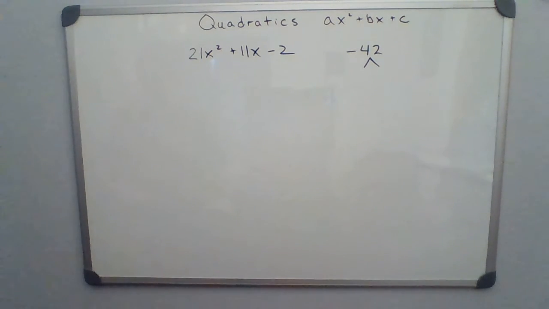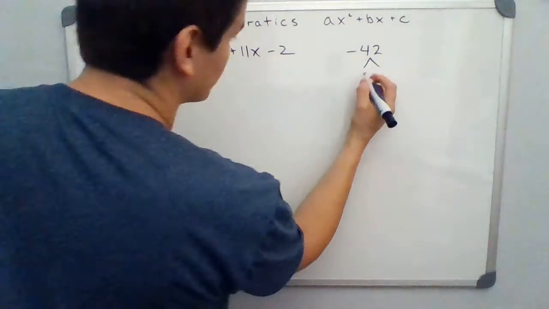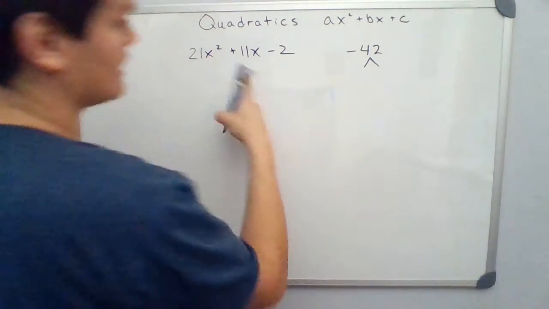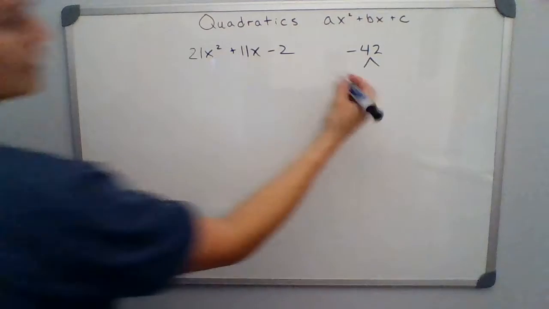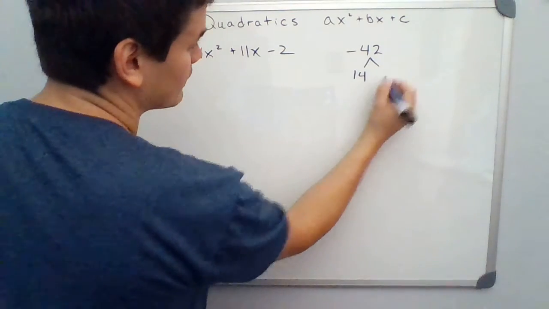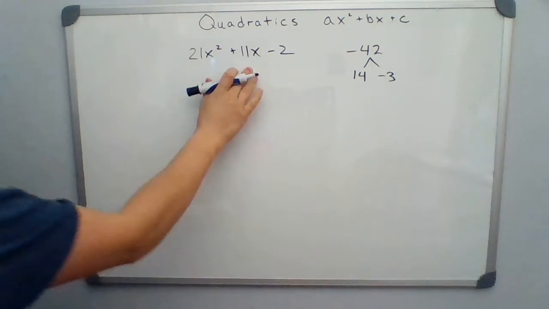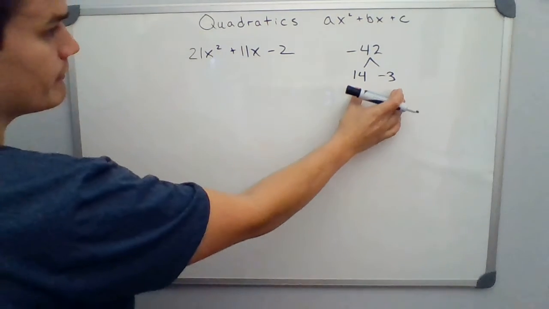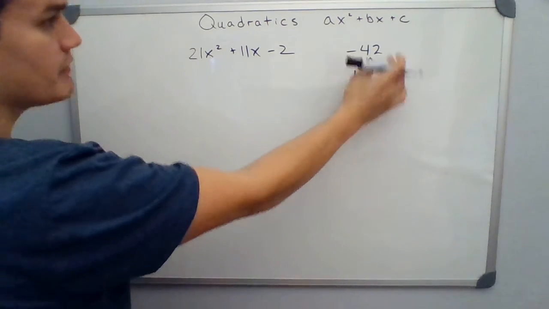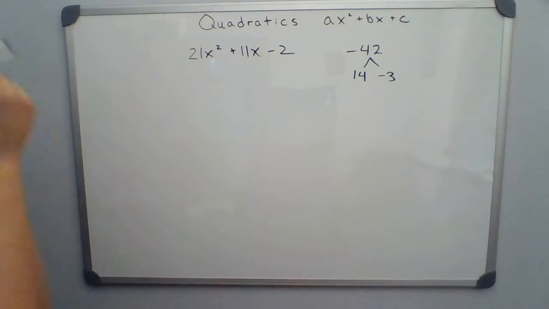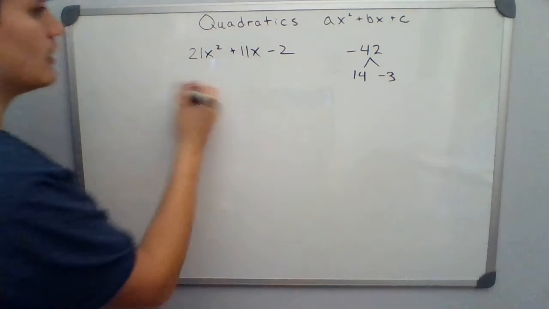So those two numbers are going to be 14 and 3, and one of them has to be negative. And I know I want a positive 11, so I know the 14 is going to have to be positive. So the difference between 14 and 3 is 11, and I can multiply 14 and 3 to be 42, or negative 42: 14 and negative 3.